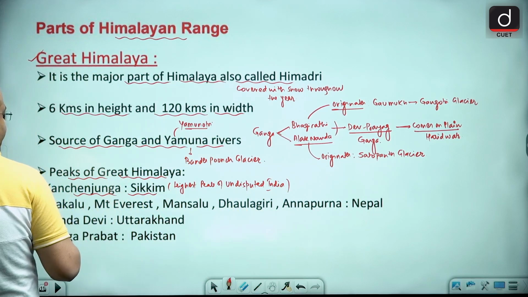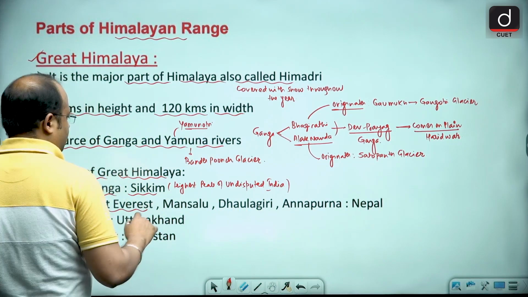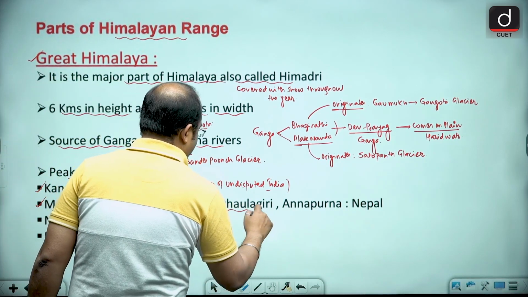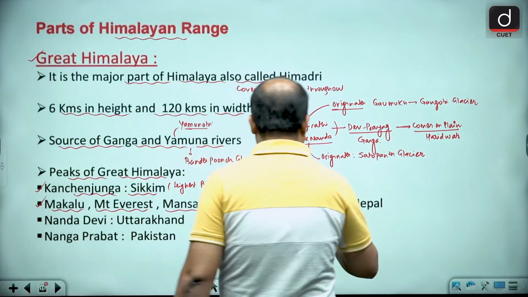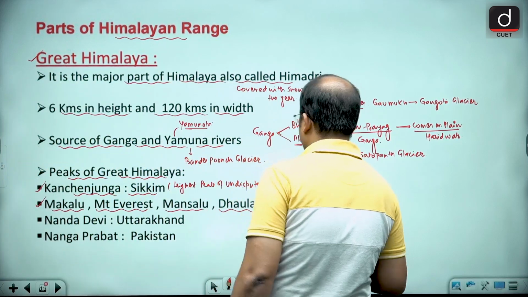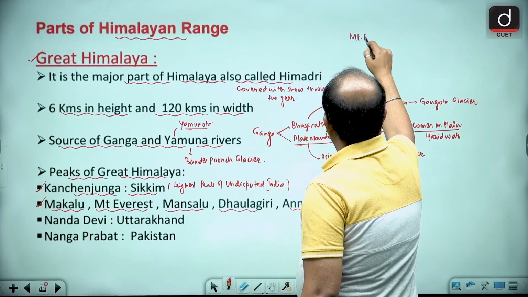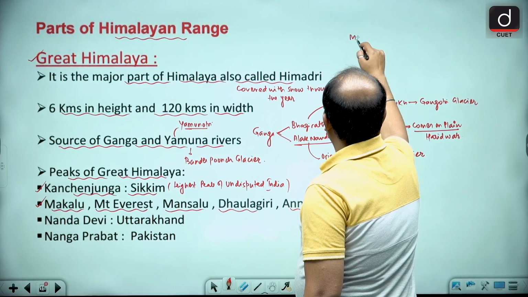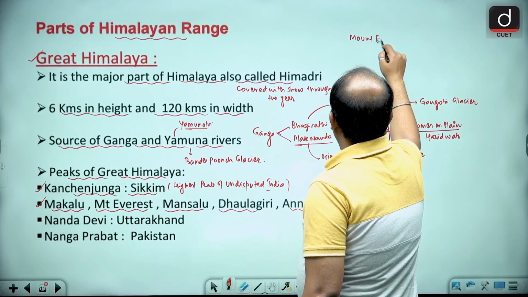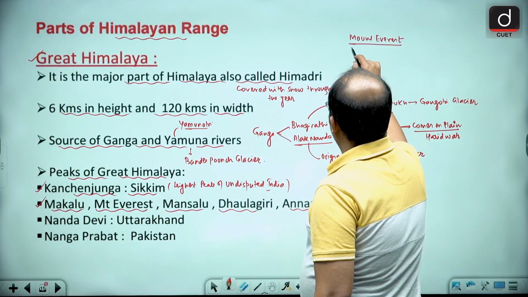Next are Makalu, Mount Everest, Manaslu, Dhaulagiri and Annapurna, all peaks in Nepal. And if I talk about Mount Everest, it is named after Sir George Everest.